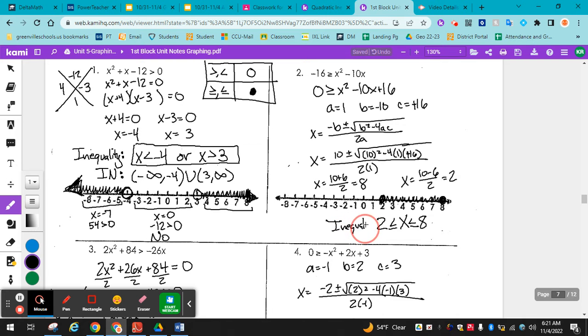Where that's coming from is this is saying x is greater than or equal to 2 and x is less than or equal to 8. Well, you have to write that as one, so this one gets flipped and you put the 2 first. As long as you write least to greatest, the arrows will always point to the left. And then in interval notation, bracket, because it's a closed dot, 2 to 8, bracket.